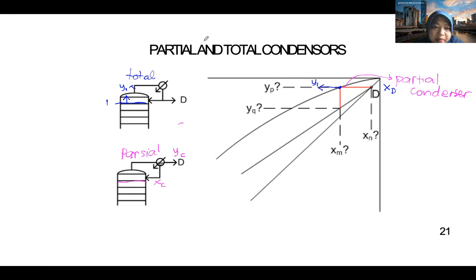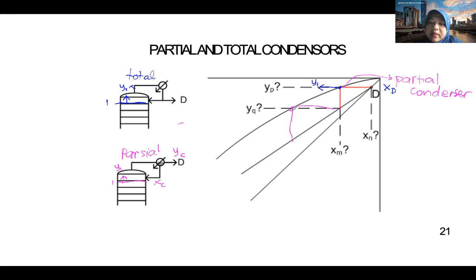Okay. So now because we're looking at here, for your y1, you want to look at the x from the condenser to here, and you want to go that way, and then check to here.